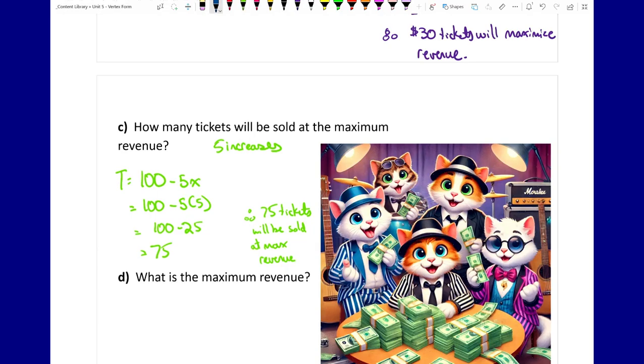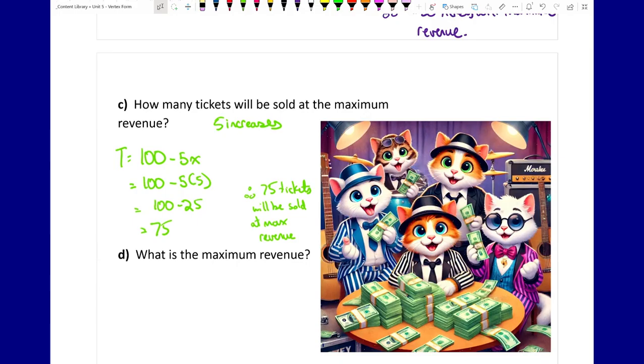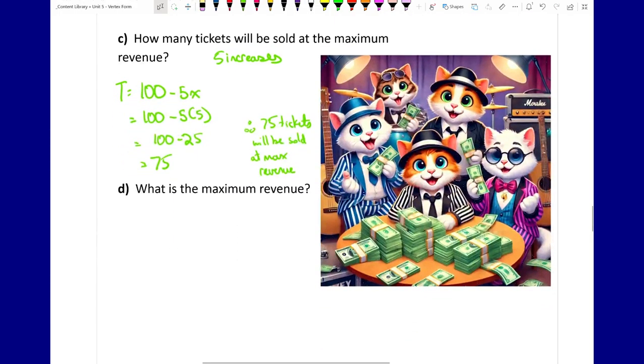Now the last part is looking for what is the maximum revenue. So in this case, I have my revenue equation. We said it was y is equal to 100 minus 5x times 20 plus 2x.